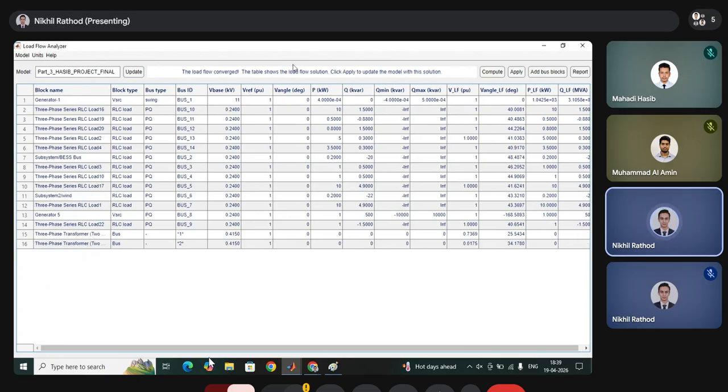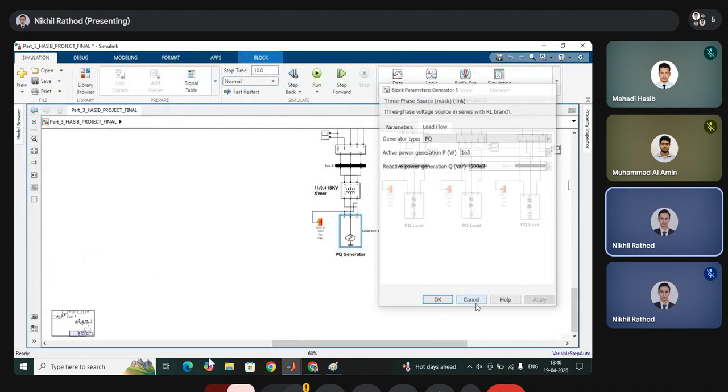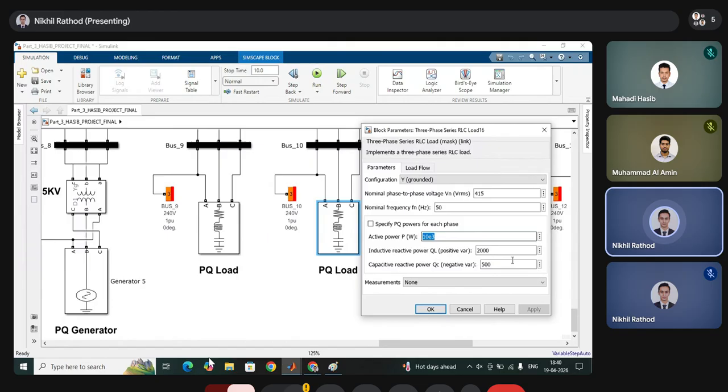And the remaining load, if you check the load, this is bus number 10, and bus number 10 has a 10 kilowatt active power requirement and 1.5 kVA reactive power requirement that you can cross verify. Just find bus number 10 and you can see the 10 kilowatt active power requirement.